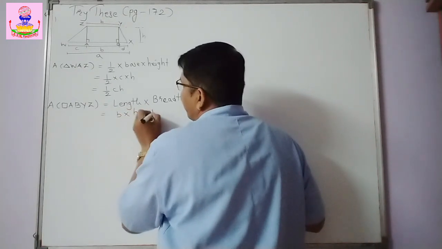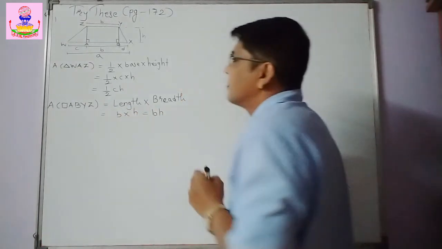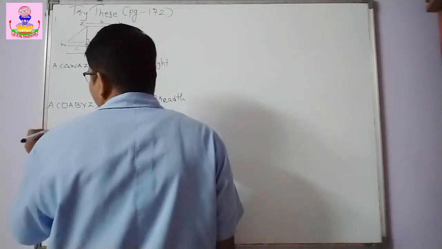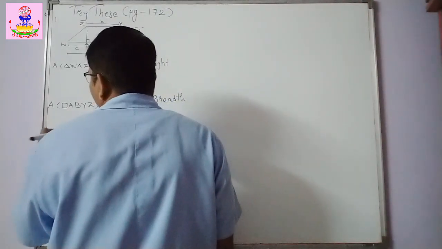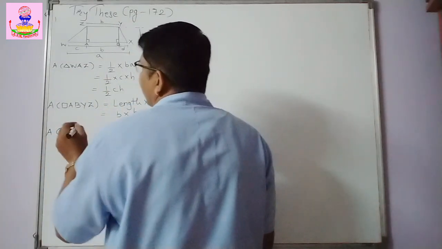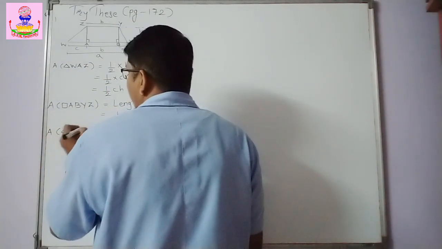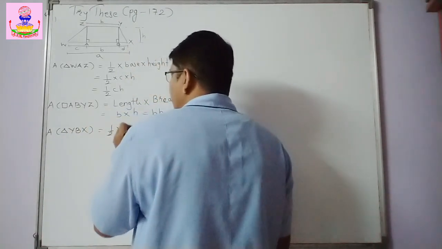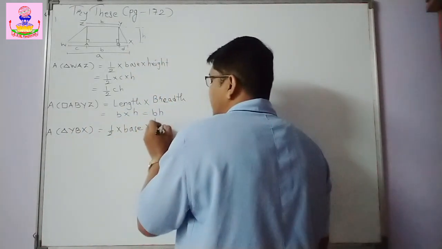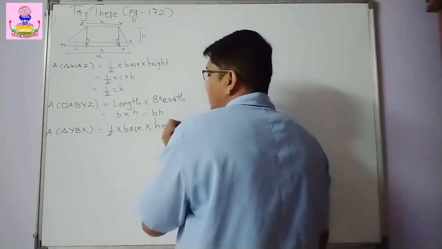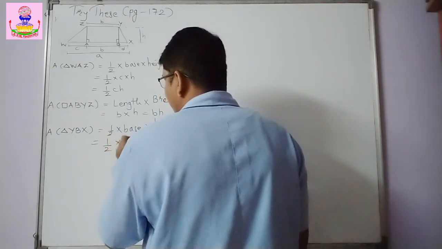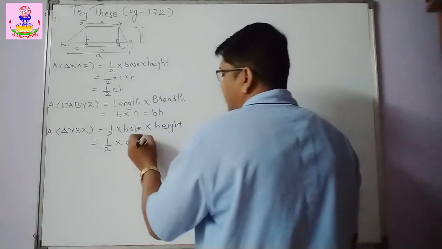So that is bh. And then area of triangle. Again, it is a right angle triangle. Area of triangle YBX. So again, half base into height. Right? Now, here, what is the base? Base is d. And what is the height? Height is h.